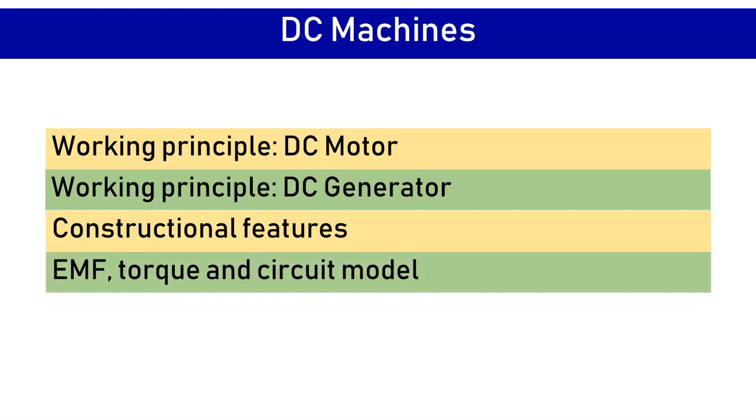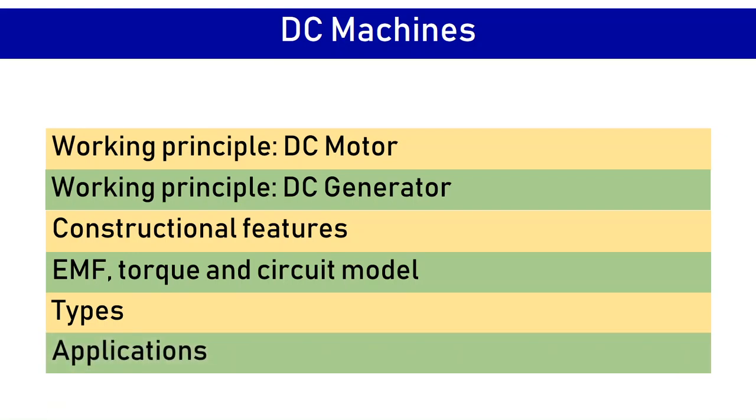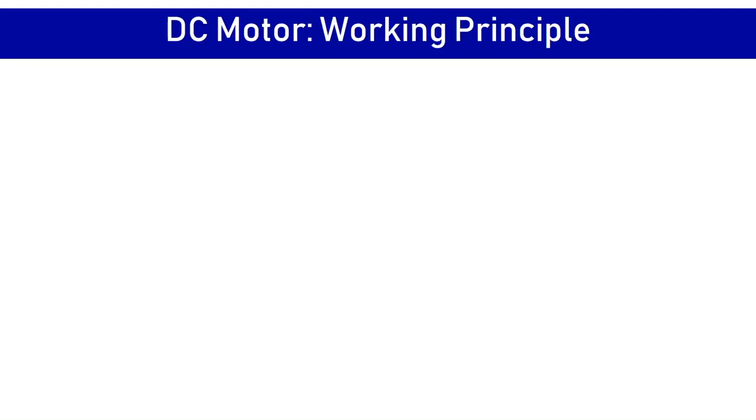Then we will take up the circuit model, EMF equation, and torque expression for DC machines. Based on the type of connections between the windings, we will see the types of DC machines, and finally we will discuss their applications. So in this part, we will start with the working principle of a DC motor.